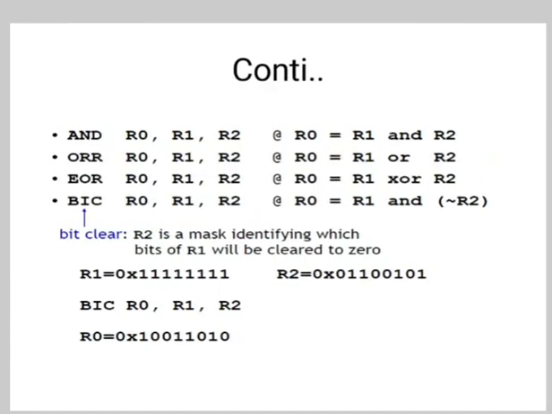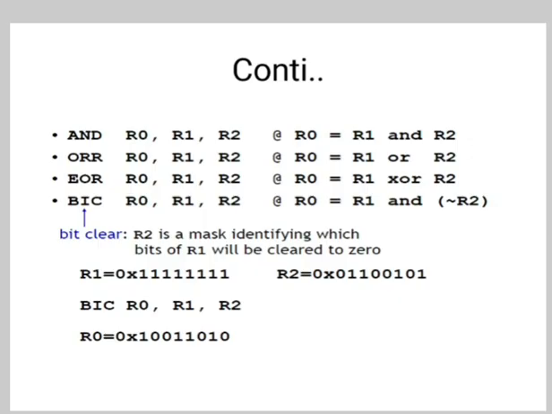So AND R0, R1, R2. If this instruction is there, then R0 is equal to R1 AND R2. Or R0, R1, R2, R0 is the destination, so R0 is equal to R1 OR R2. Similarly, R0 equals R1 XOR R2.